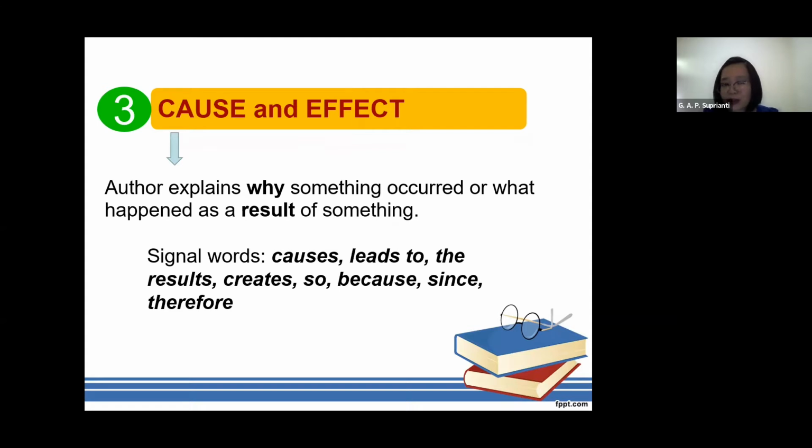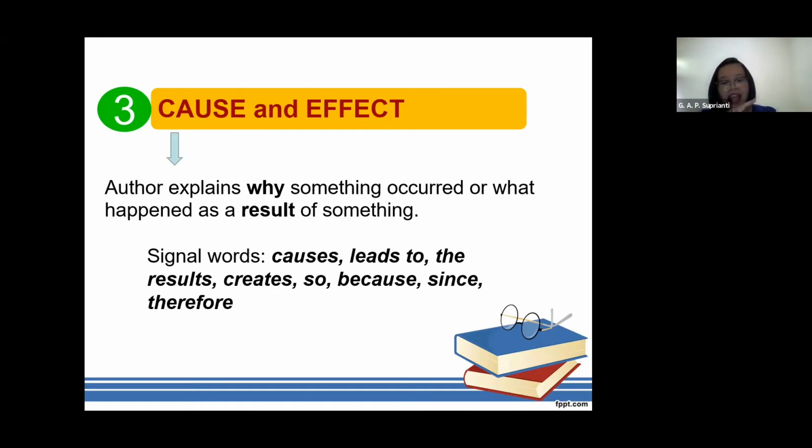I need to remind you that one cause may have one effect, but it is also possible that one cause may have several effects. You get my point? One cause, one effect, or one cause has several effects.